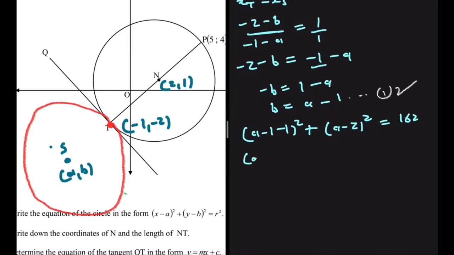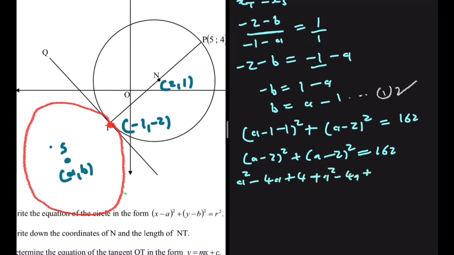So we're going to have a minus 2 squared plus a minus 2 squared being equals to 162. A minus 2 squared is equals to a squared minus 4a plus 4, plus a squared minus 4a plus 4. If we take 162 to the left hand side, we're going to get minus 162 is equals to 0.